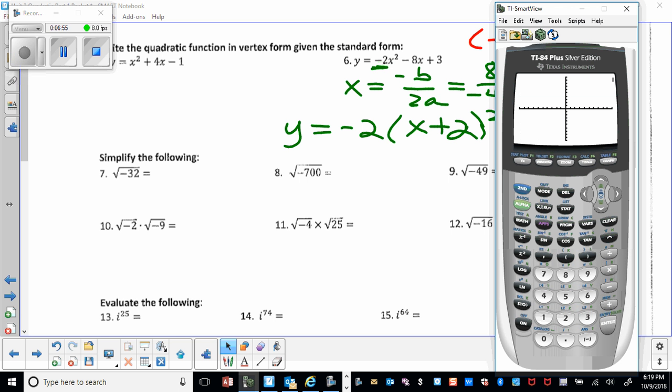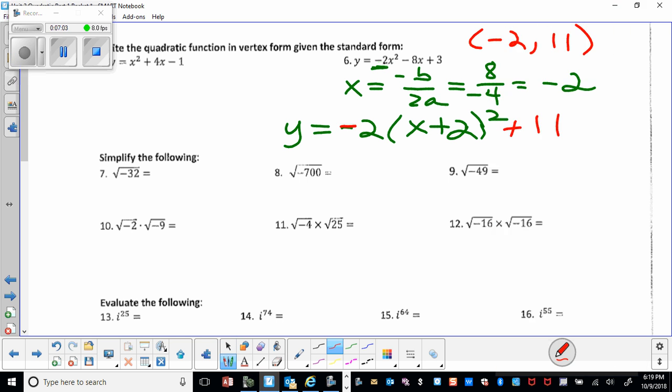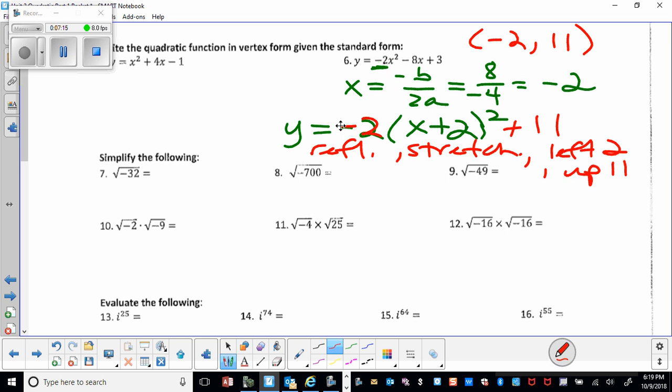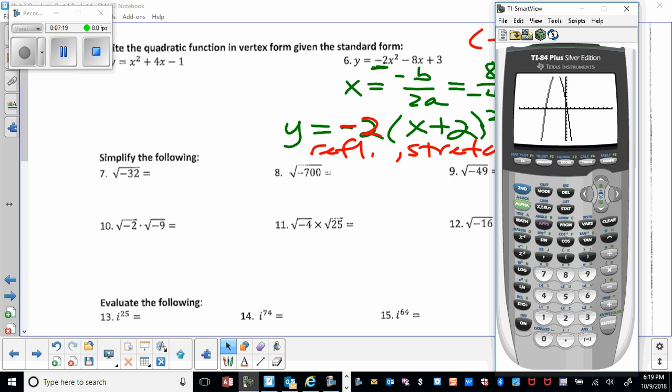And if we look at the graph, right, you can see it's reflected, right? The negative made it reflected. That's a reflection. And then this is a stretch, right? And this made it go to the left 2, and then it went up 11. And you can see that when you look at the graph.